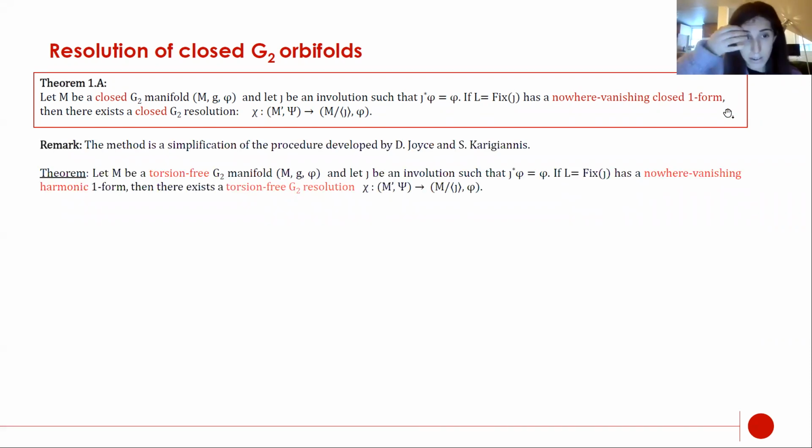And a remark is that this theorem is a simplification of the resolution method of Joyce-Karigiannis, in which they did the same thing in the torsion-free G2 case, to obtain more examples of manifolds with holonomy G2.